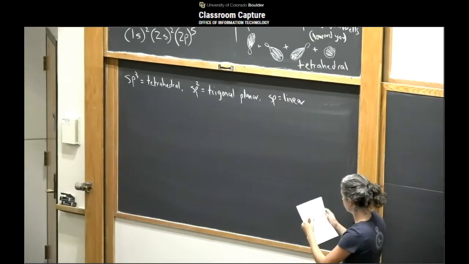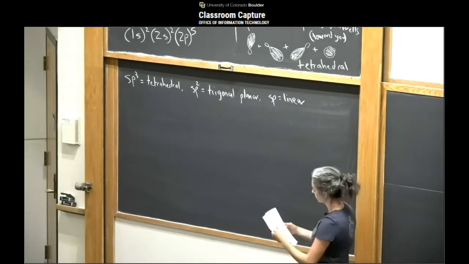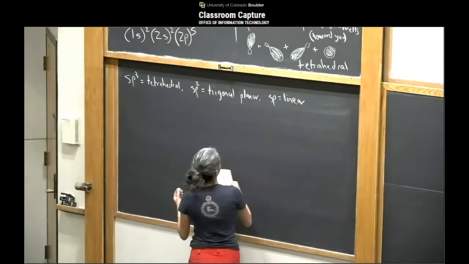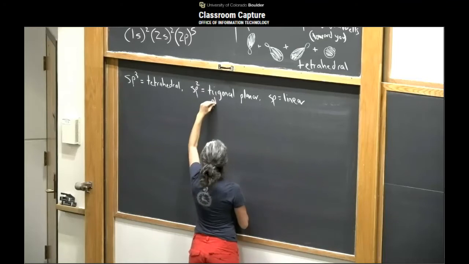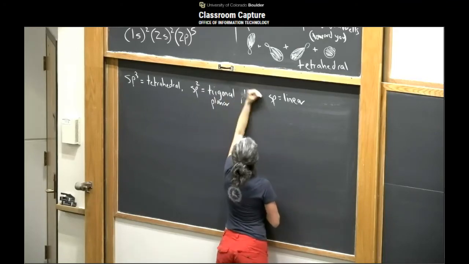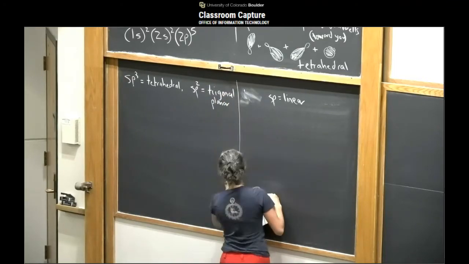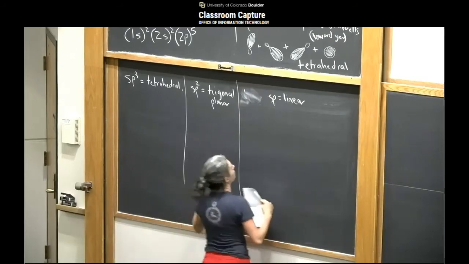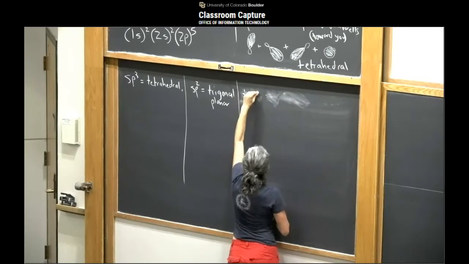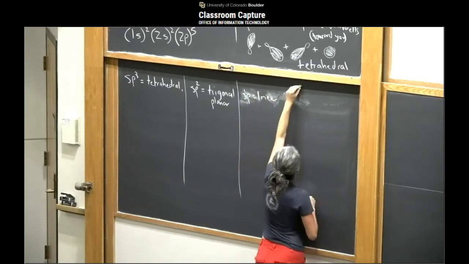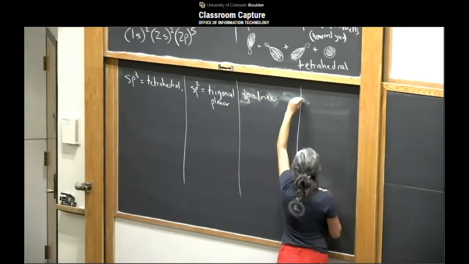Okay, so we can go through and show this. I'm going to scooch this down just a little bit, sorry. Trying to plan for board layout is an extra layer of work on top of explaining stuff. Okay, so sp is linear, and then I can do another column for no hybridization.